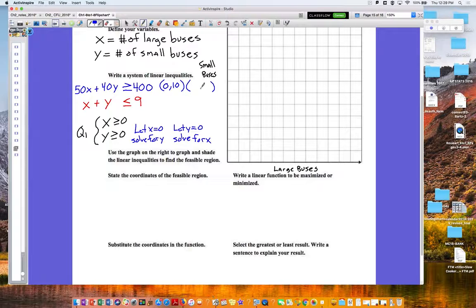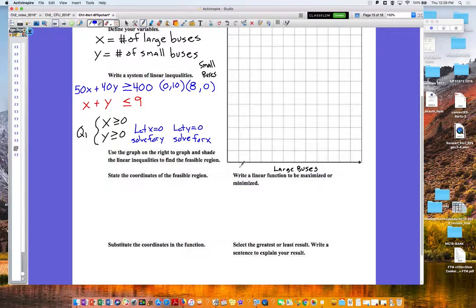Now to get the other coordinate, if I don't take any small buses, I'm going to let y equal 0. How many large buses would it take to get at least 400 students? I look at how many 50s go into 400, which is 8. So I'm going to go ahead and graph that.